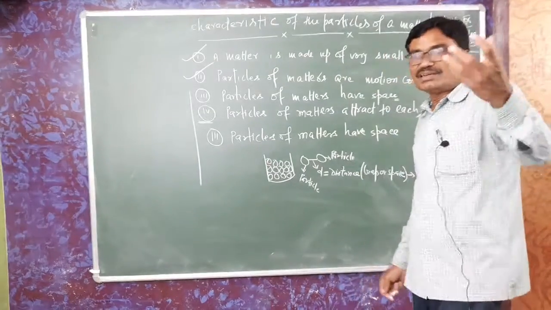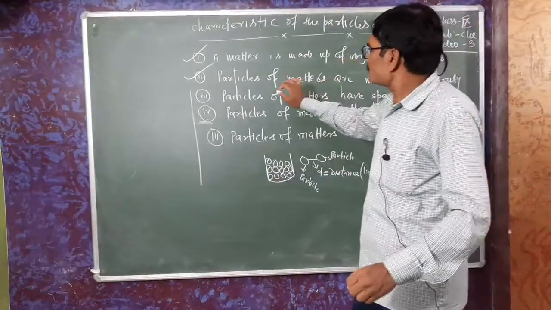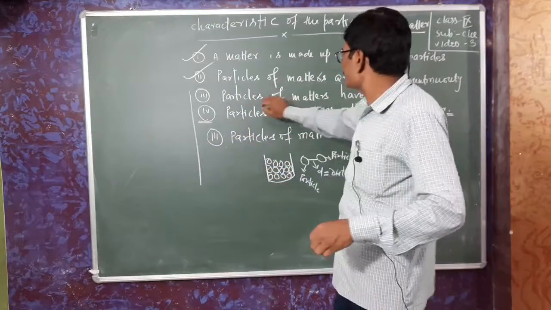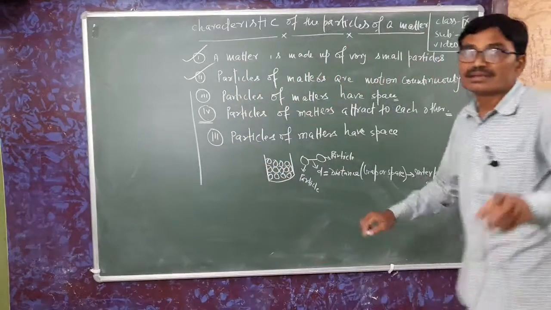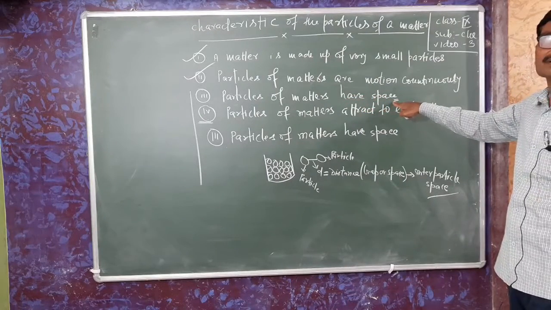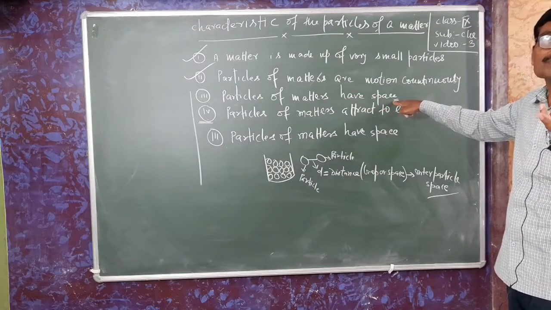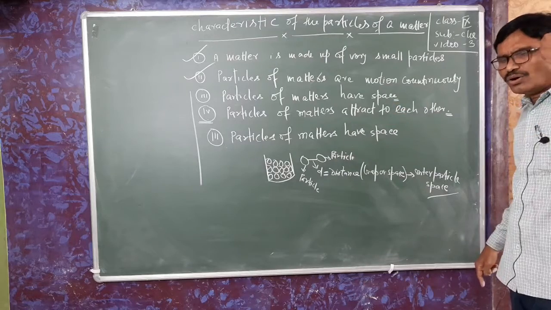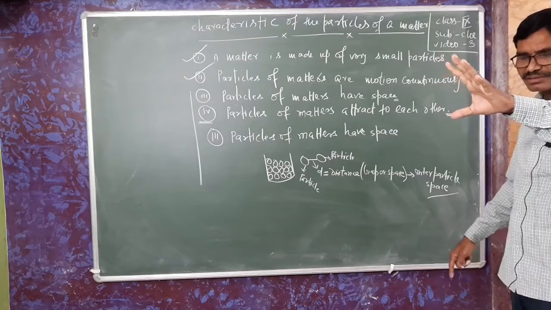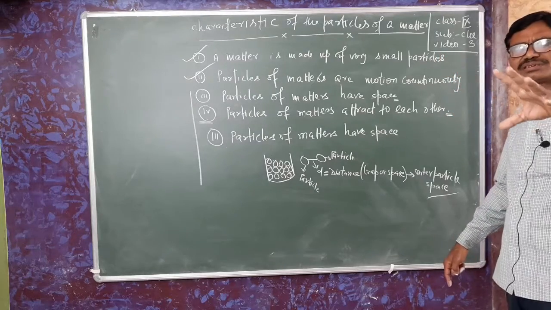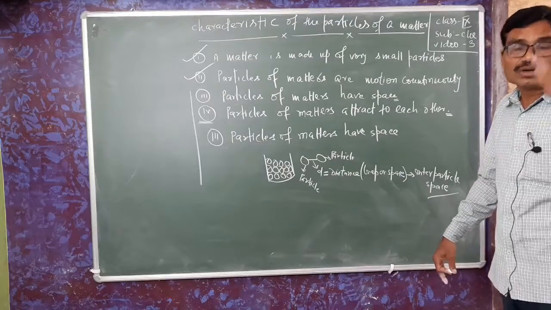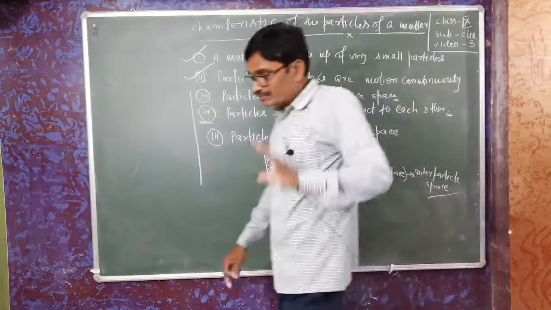Okay, children, now the third characteristic of the particles of matter is that particles of matter have space. You know, all things are made by particles, which are either molecules or atoms.